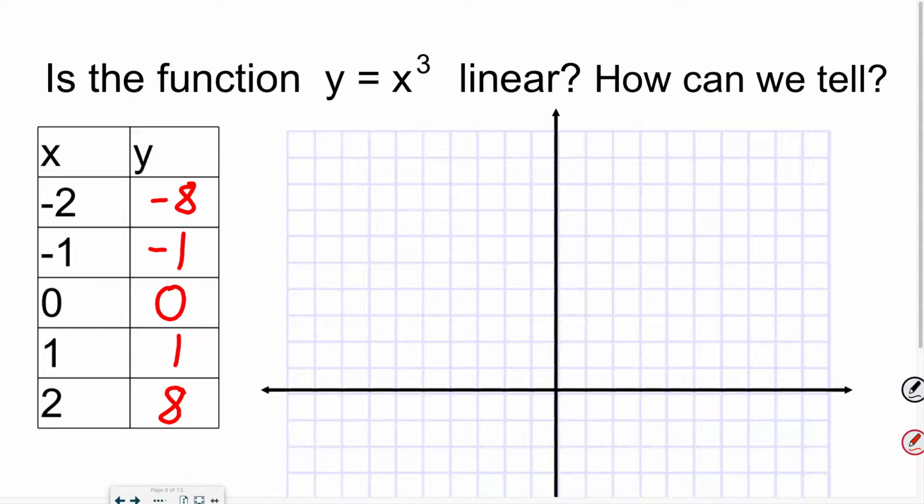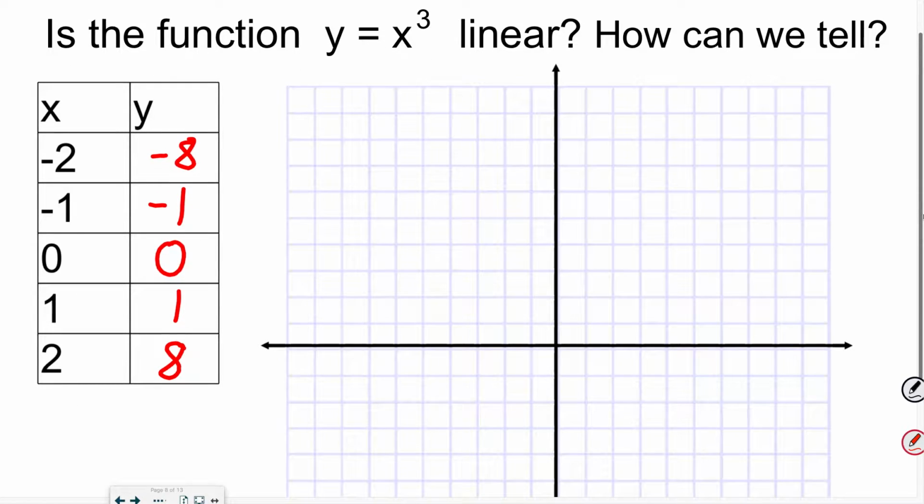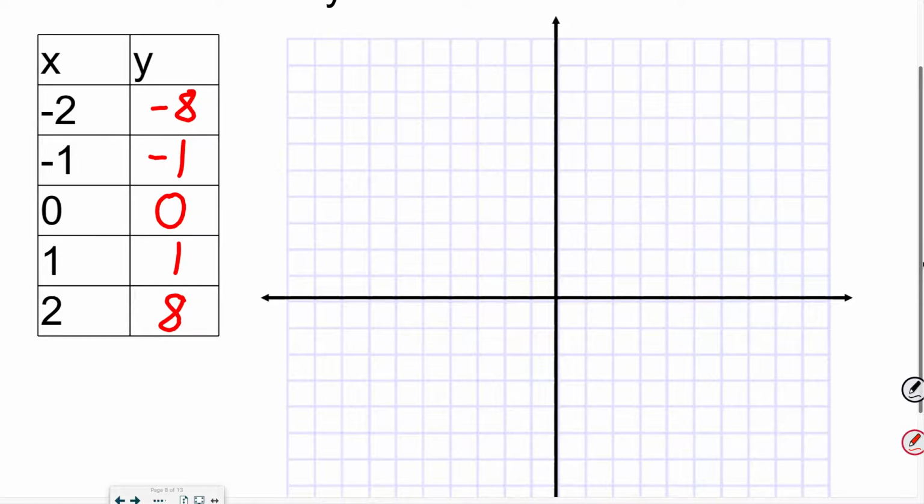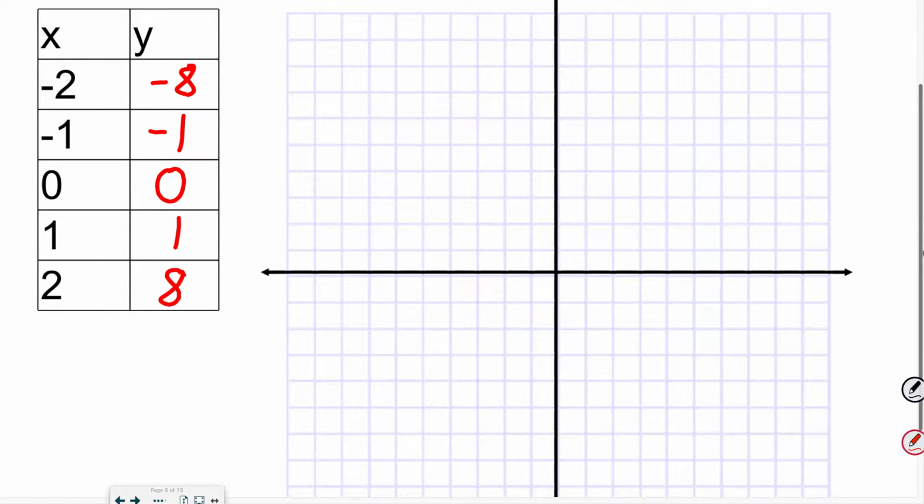So let's plot these points. What coordinates do you want to put down? -2, -8. -1, -1. 0, 0. 1, 1.